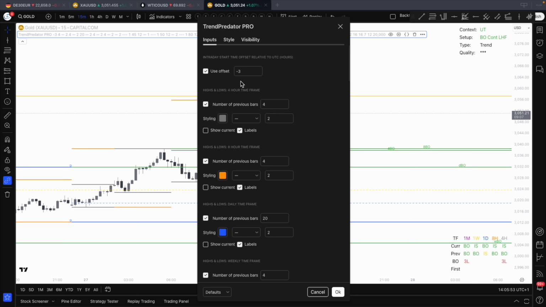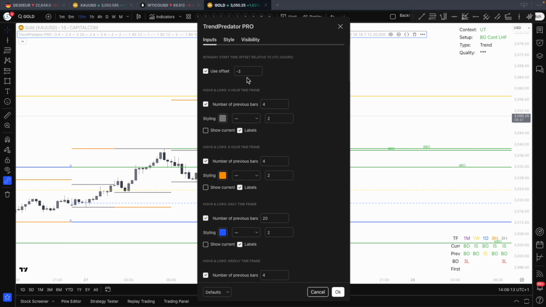So if you want to fix that to your specific liking, like I do, for example, to close and open my 8-hour bar at the end of the first hour of the New York session, then I switch for the moment, with daylight savings, I need an offset of -3, for example.